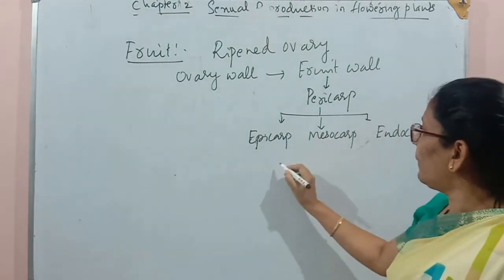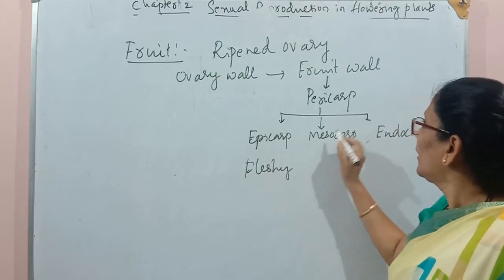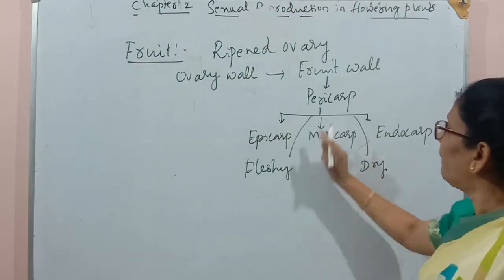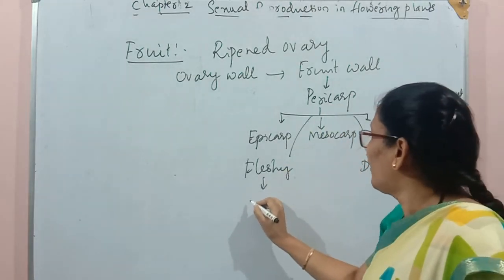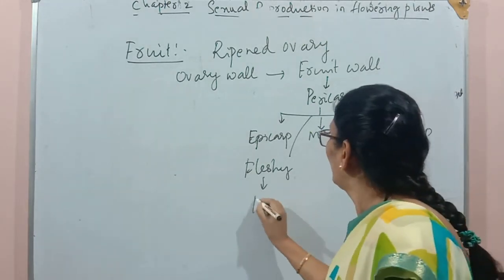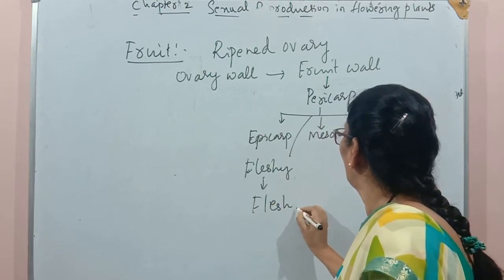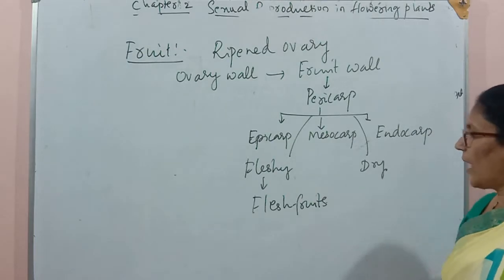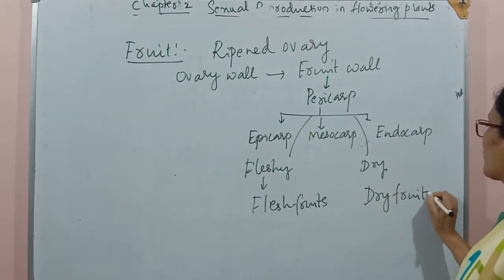The pericarp may be fleshy or it may be dry. When the pericarp is fleshy, such fruits are called fleshy fruits. If the pericarp is dry, such fruits are called dry fruits.